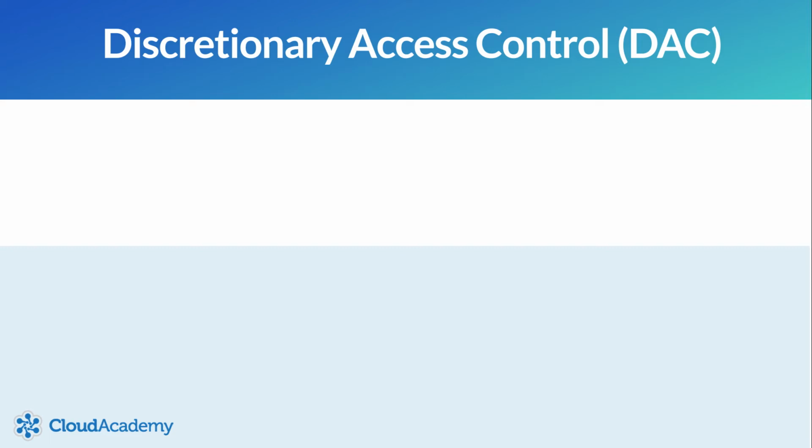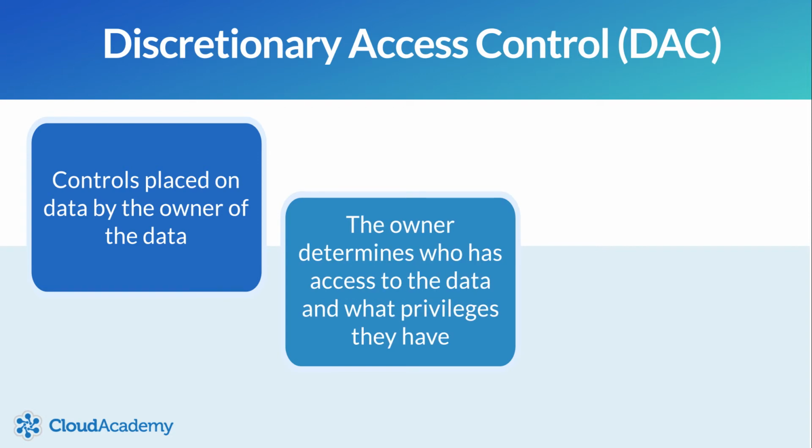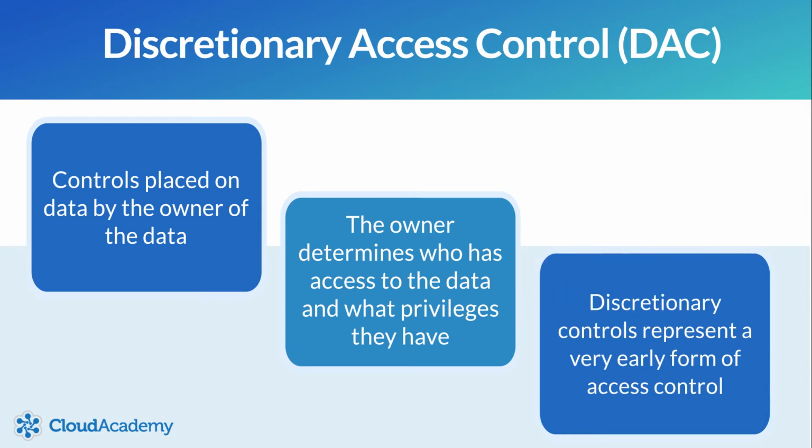Beginning with the Discretionary Access Control, or DAC. This is one that is very, very commonly implemented, where it places the controls in the hands of the data owner to allow or deny access by anyone else requesting it. It is the data owner that determines who has access to the data and what privileges they will have in doing so.